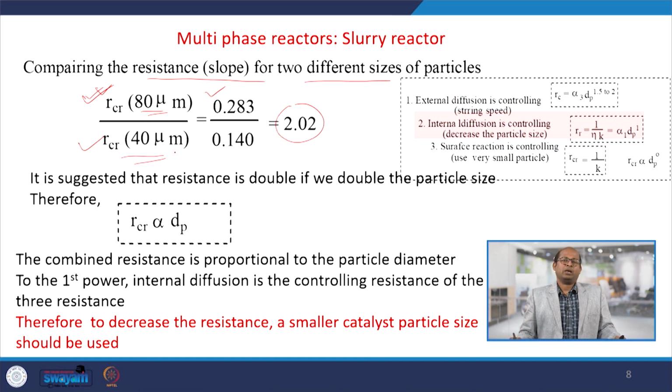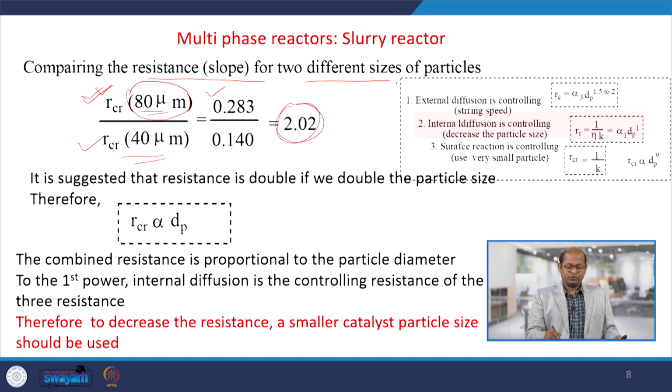So if we conduct the reaction with 40 micron particles, the resistance that we will get, for the internal diffusion, external diffusion or absorption, whatever diffusion resistance develops for this particular system, and instead if we consider 80 micron particles of the same catalyst, then the resistance will be double.